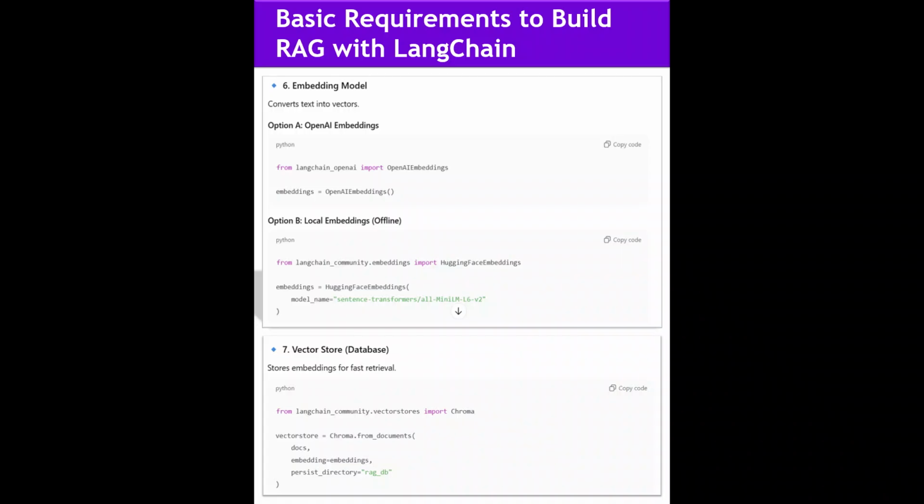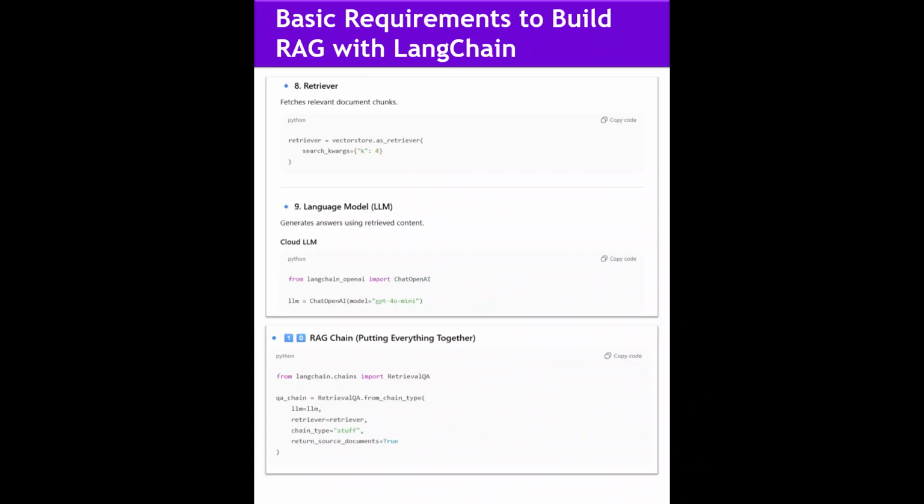Seventh is the vector store database. Here we use a vector DB such as ChromaDB to store embeddings for fast retrieval. We store the text converted into vectors in the vector database so it can be retrieved frequently and quickly. Eighth, retrieval: how to retrieve chunks.